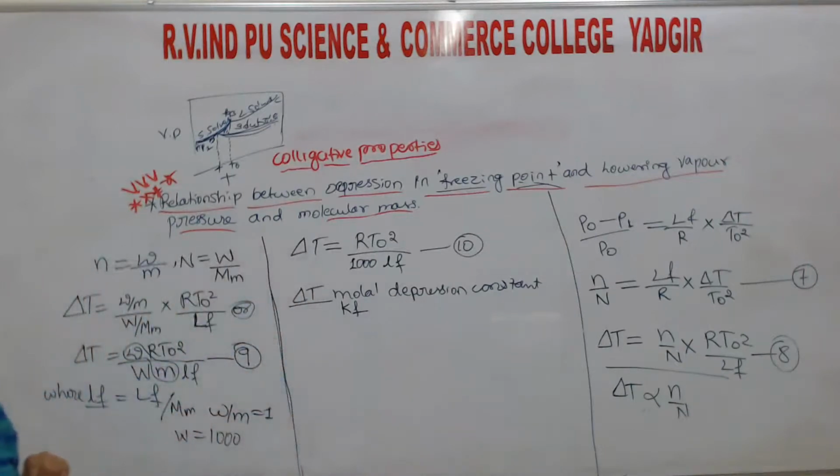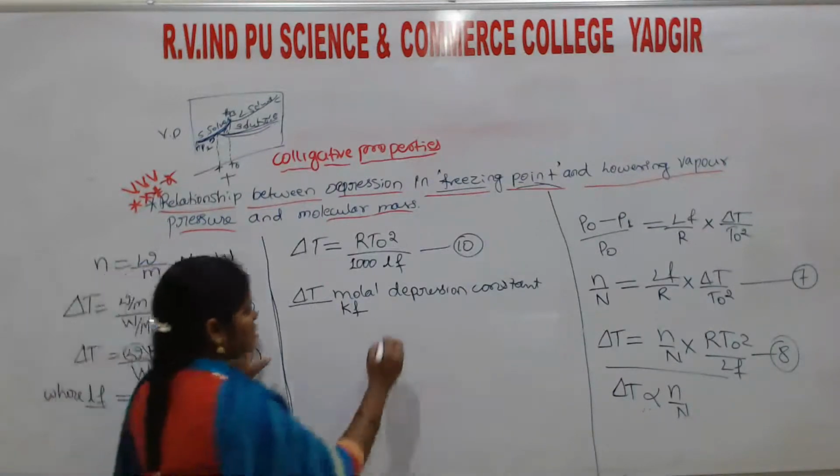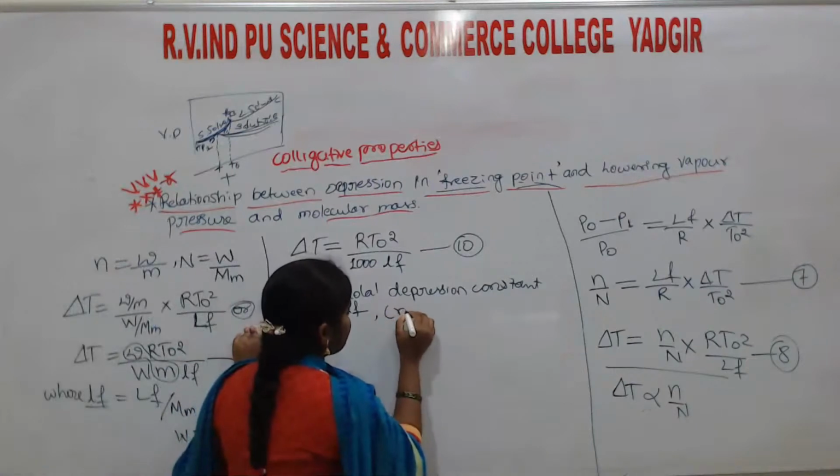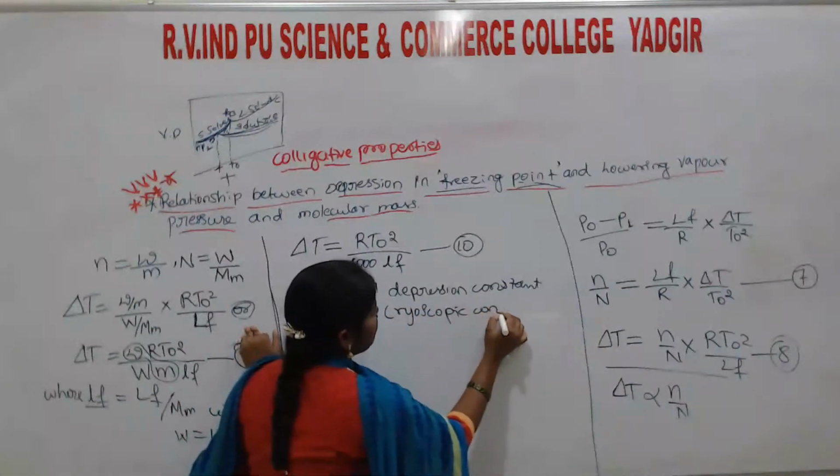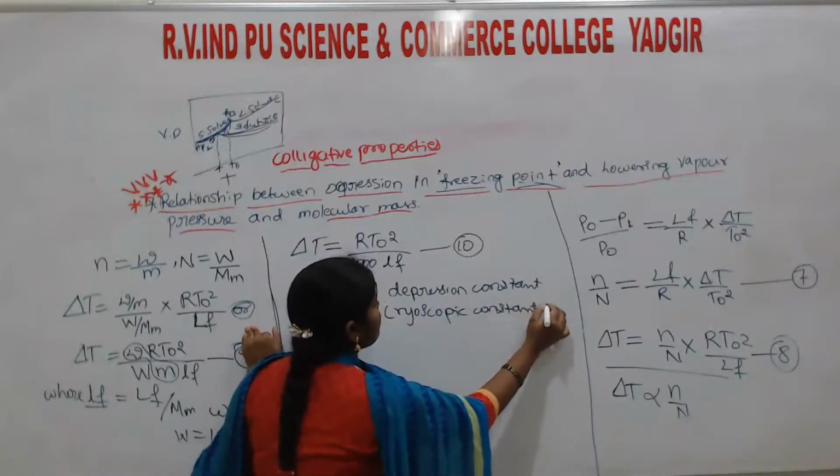This is denoted as Kf of the solvent and this is also called the cryoscopic constant.